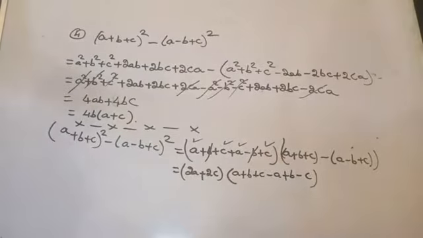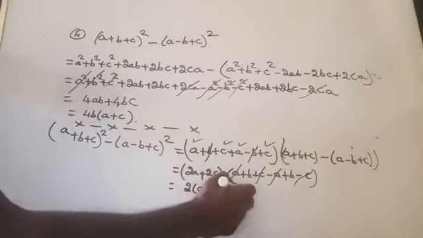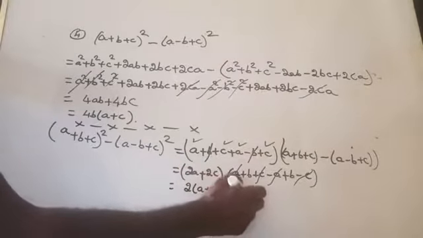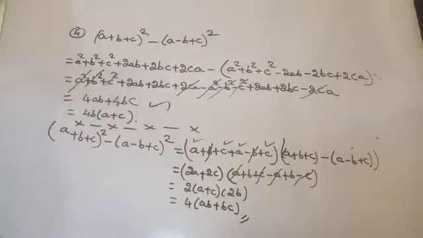Plus A minus A you can cancel, plus C minus C you can cancel, so 2B then. Take 2 common outside, A plus C into 2B, multiply this one, 2 2s are 4 into AB plus BC. Am I right here? Otherwise 4B into A plus C. So either you can use the identity x square minus y square, otherwise x plus y plus z the whole square. Okay.